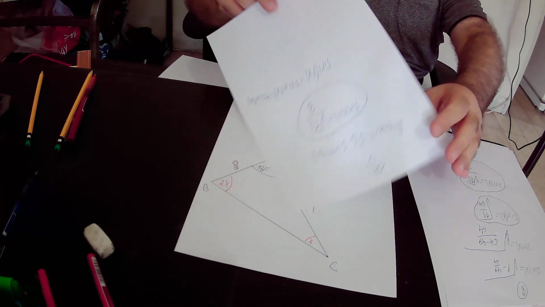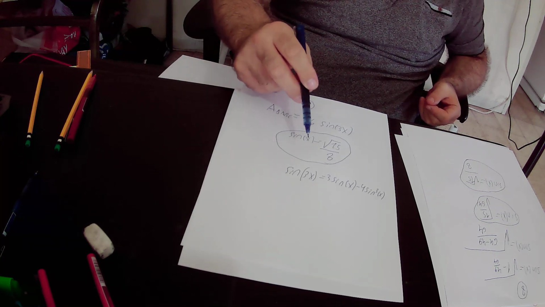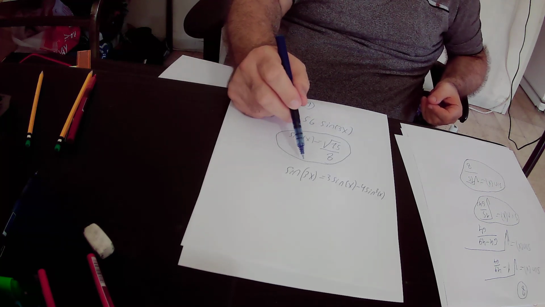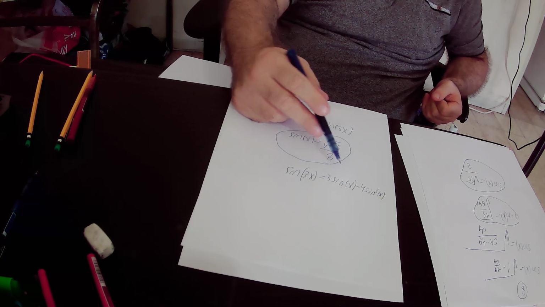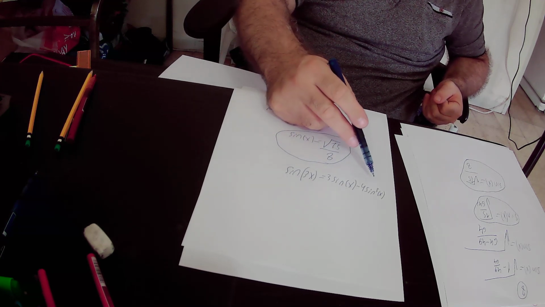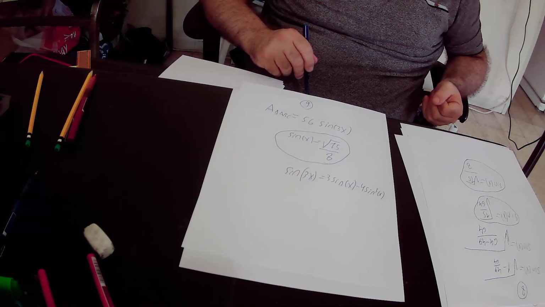Okay? According to this trigonometric identity, sine 3x equals 3 sine x minus 4 sine cube x. Okay?